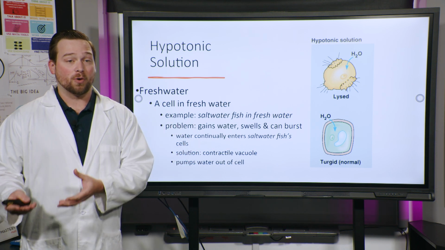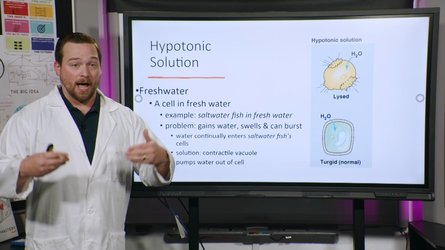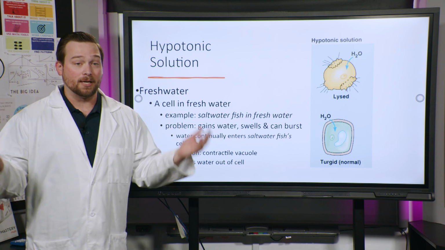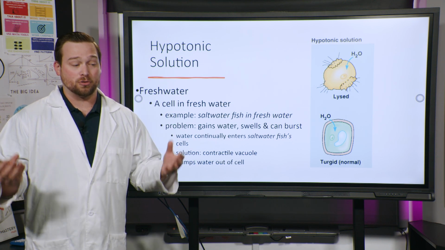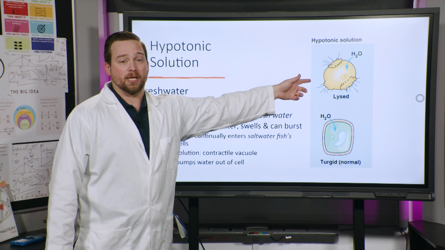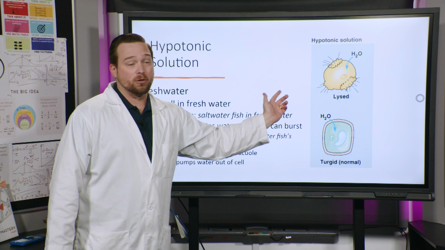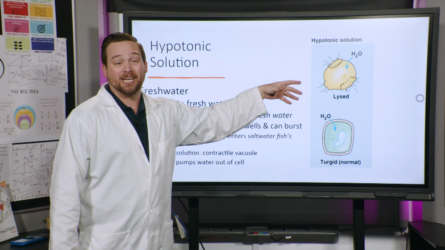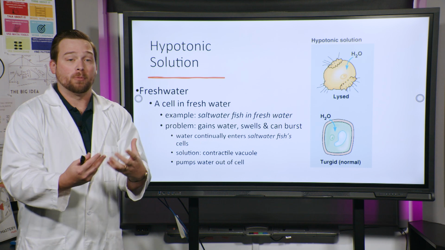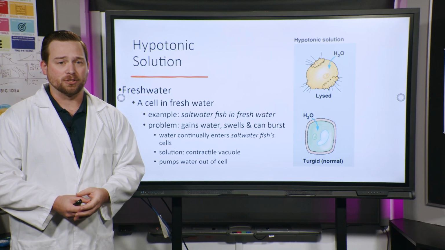If you move them into a freshwater environment, well, now they're in a hypotonic solution, all the water is going to start to fill into their cells. They're going to start to swell up. What can happen, this top picture right here, this is what can happen to our cells if you're in a hypotonic solution. It's called lysed. So a cell can lyse, which means it ruptures. It fills up with so much water that the cell actually bursts. That's going to be a very bad situation, right?